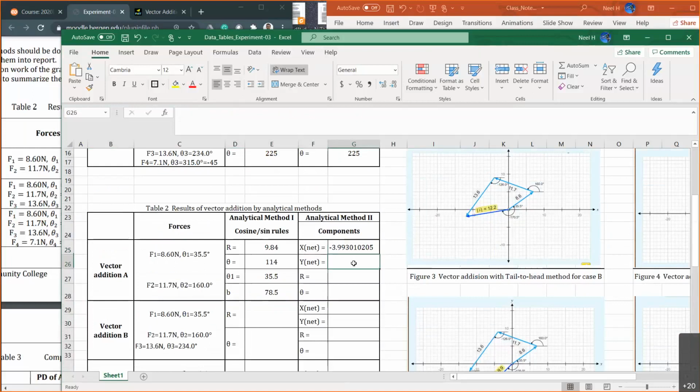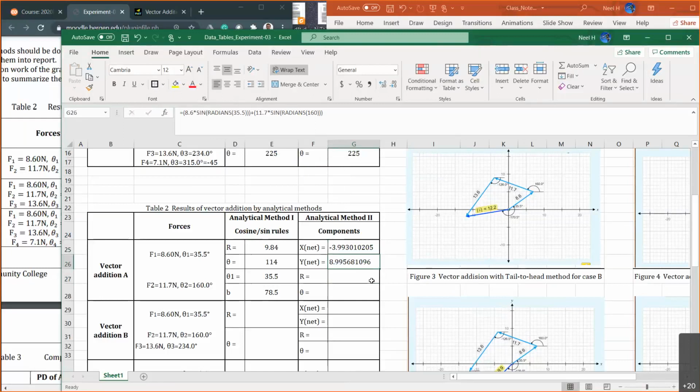Let's do the y component, equal sign. Exactly the same thing, but technically only the cosine has to change. You can either type it again new, or you can copy paste this function into here, and then you can change cosine into sine. So that's another way to do it, because it's exactly the same thing, but what is changing is cosine into sine.